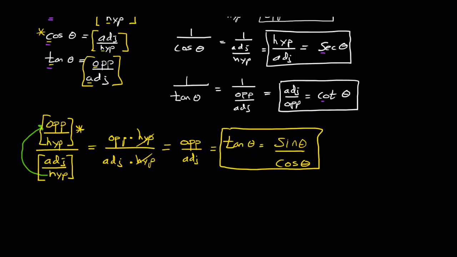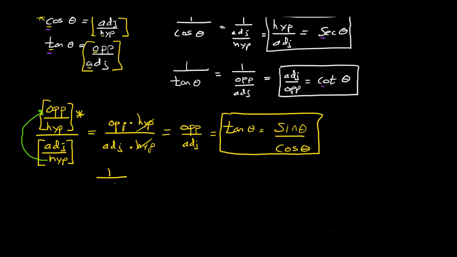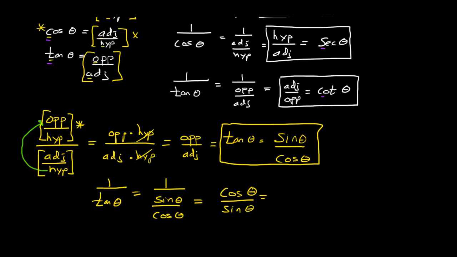But let's think again what happens if we take 1 and divide it by the tangent of theta. That's going to be 1 divided by the sine of theta divided by the cosine of theta. This will give us the cosine of theta divided by the sine of theta. And we know cosine by definition is the adjacent over the hypotenuse.